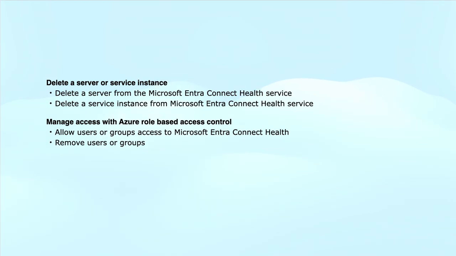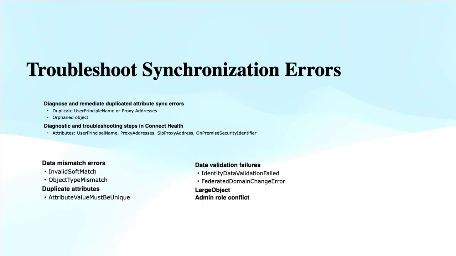Troubleshooting synchronization errors. In case you face synchronization issues, you can diagnose and remediate duplicated attribute sync errors. Duplicate user principal names, proxy addresses, and orphaned objects can also be found. Occasionally, you might find that an existing user loses the source anchor. The deletion of the source object happened in on-premises Active Directory, but the deletion signal was never synchronized to Microsoft Entra ID.